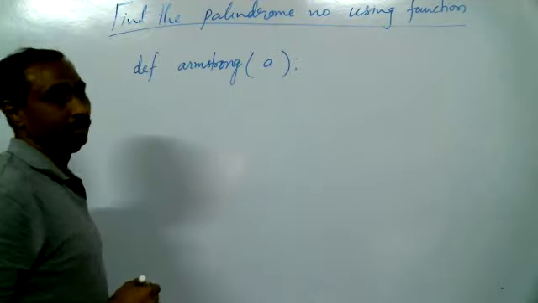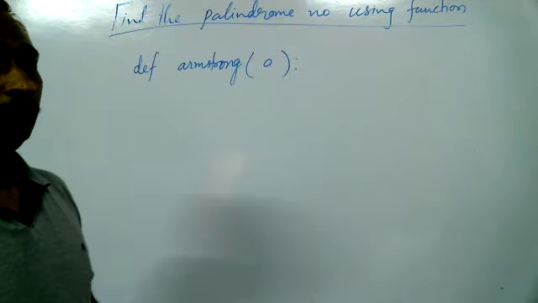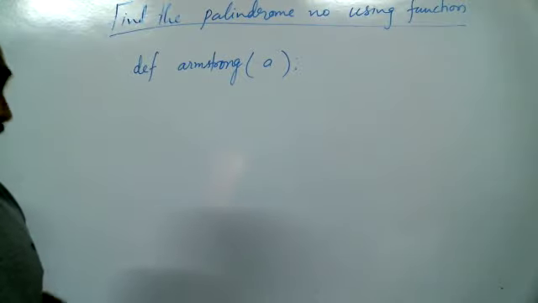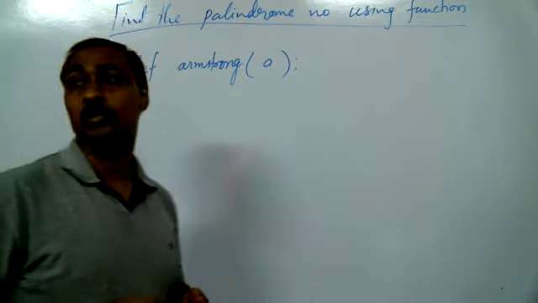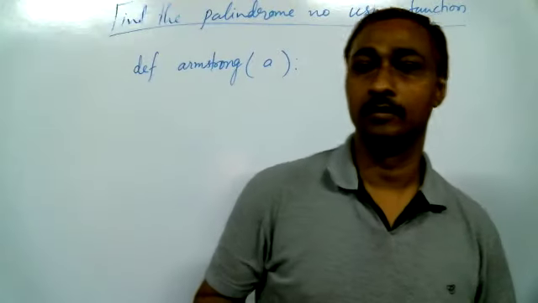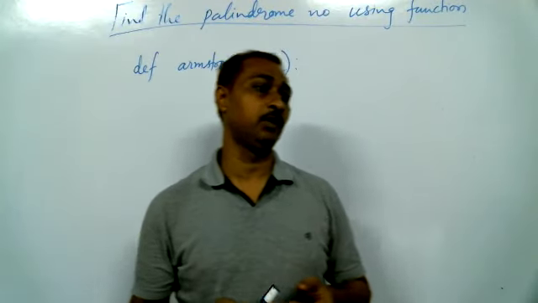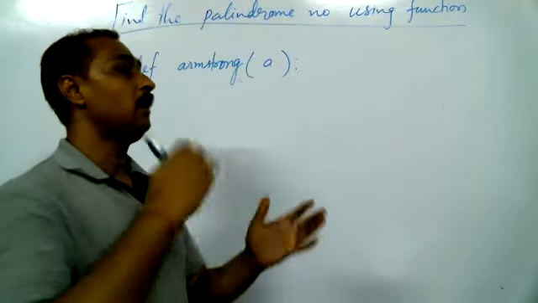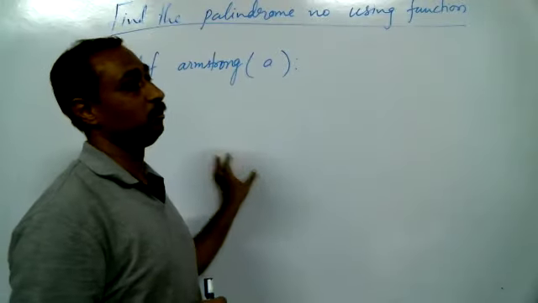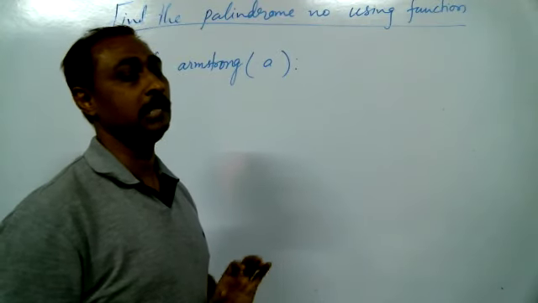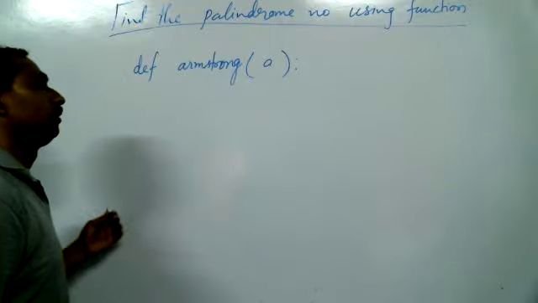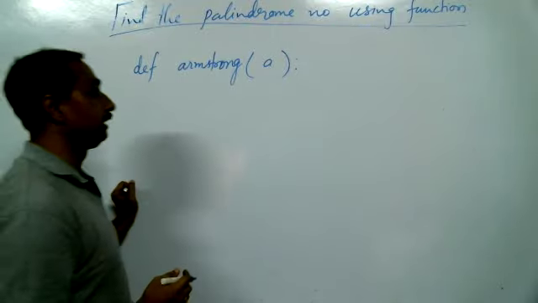Here, for finding the Armstrong number, we have to take a variable that will find the sum of cube of the digits, and then that will be compared with the original number. If both of the values are equal, then the number is said to be an Armstrong number. Okay, so we will do like that.